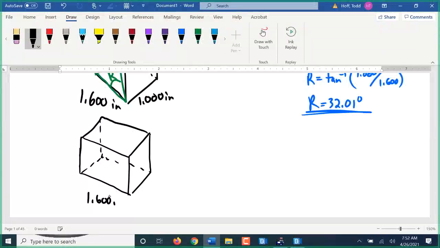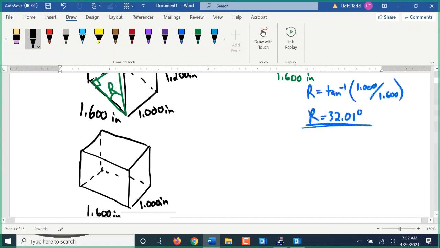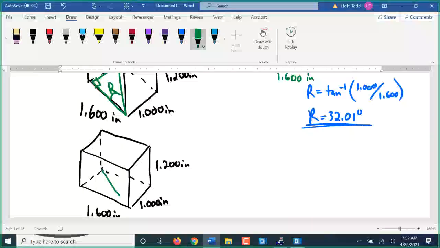I just rotated my drawing a little bit. So we just found here, this is 32 degrees.